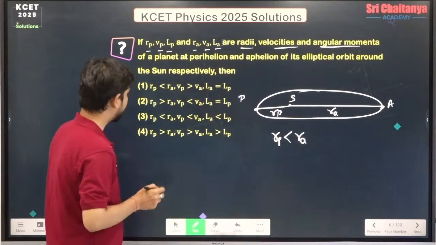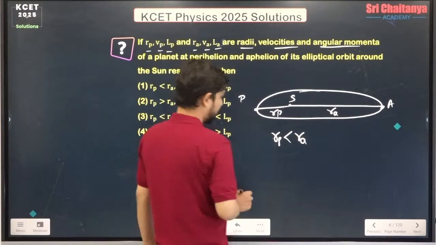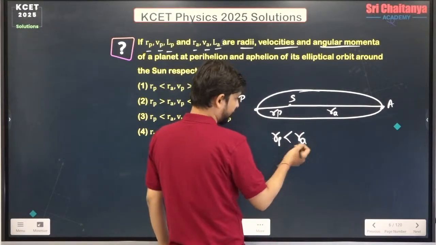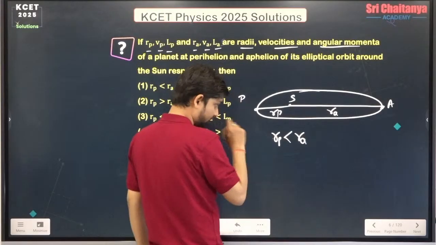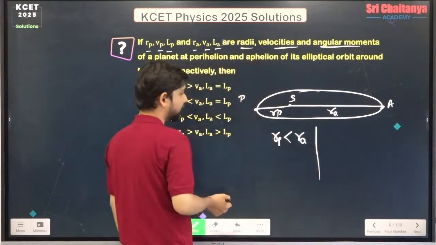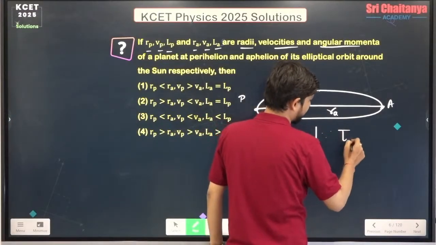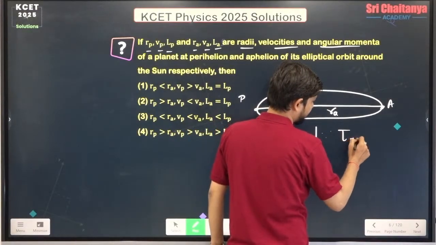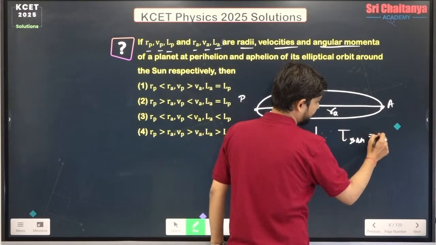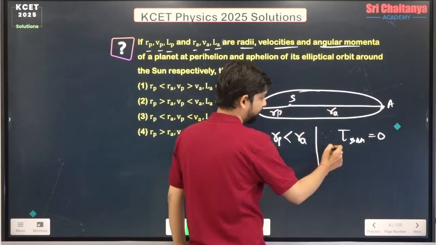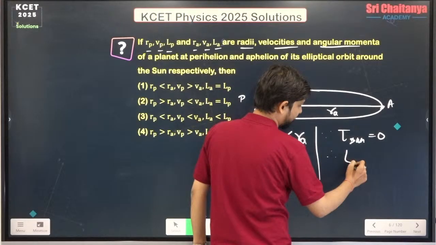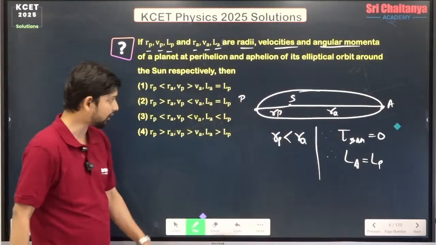We can talk about the angular momentum as well. Since we know that torque about the sun is going to be 0, therefore angular momentum at aphelion should be equal to angular momentum at perihelion.